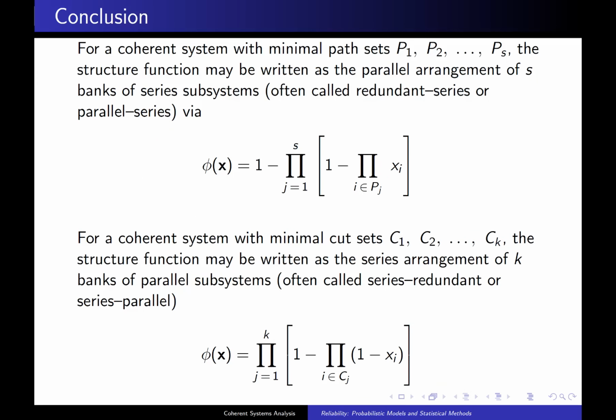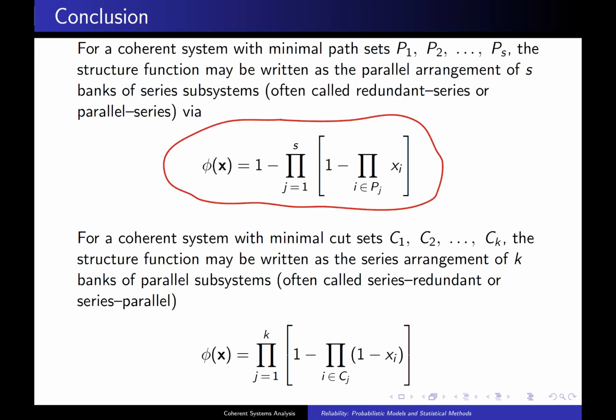So here's the conclusion of the last few slides. For a coherent system with minimal path sets P1, P2 through PS, the structure function may be written as the parallel arrangement of S banks of series subsystems via the formula that looks this way. Notice that it is parallel on the outside and it's series on the inside.